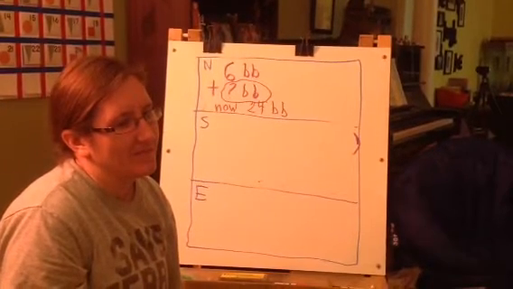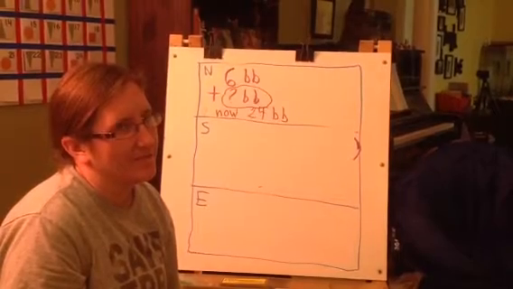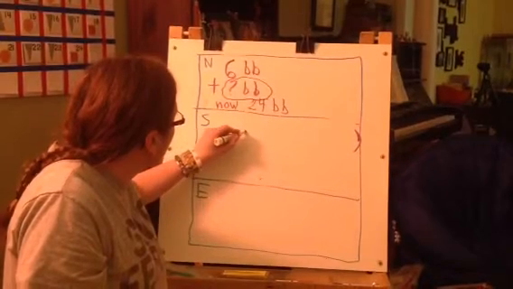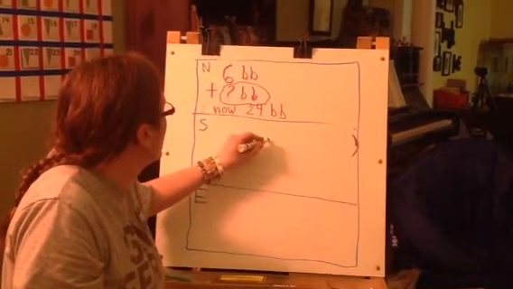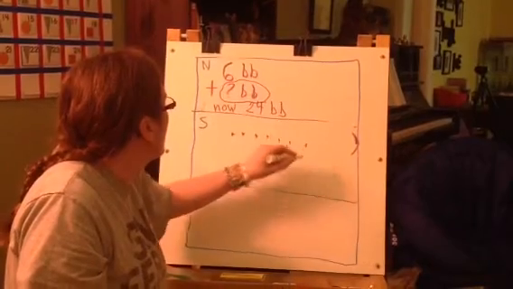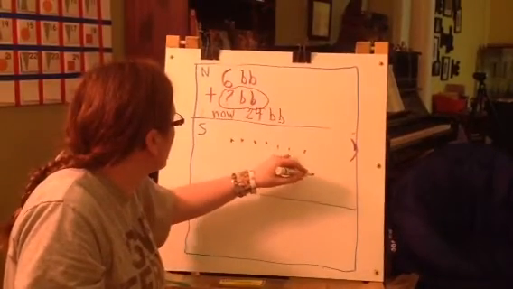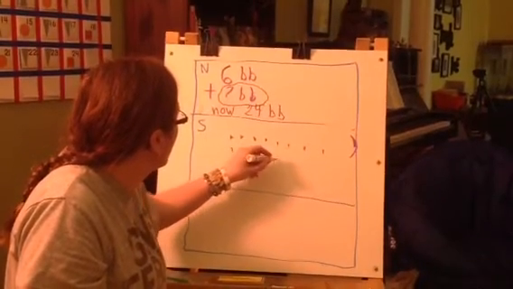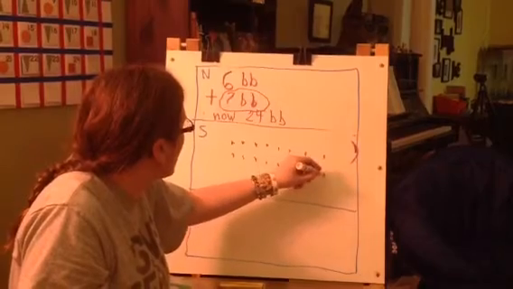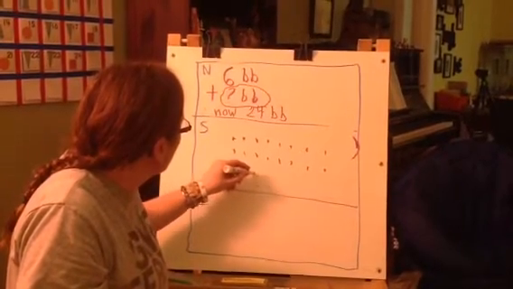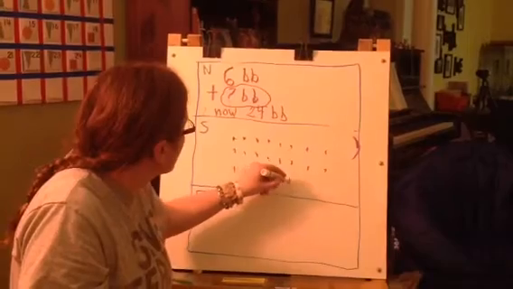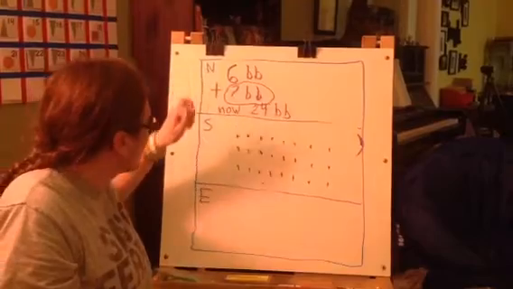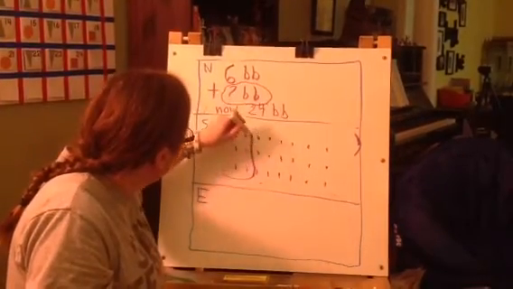Okay, I'm going to start with the total number of basketballs, which is 24. Okay, that's 24 basketballs. I'm going to find the 6 that Dylan started with.